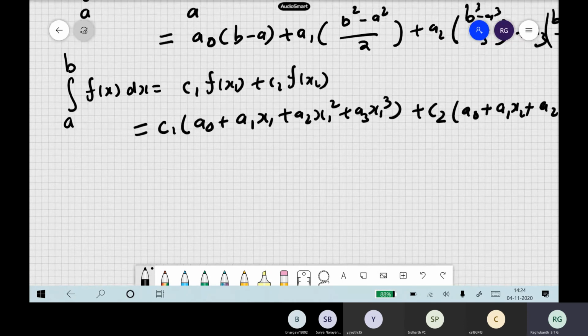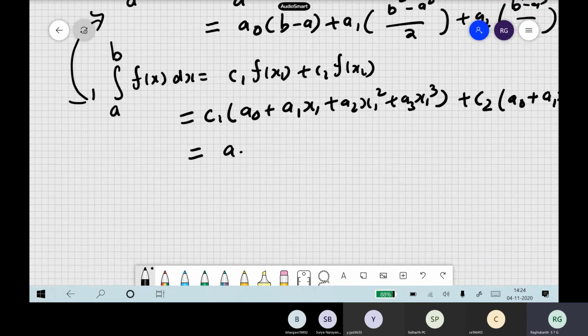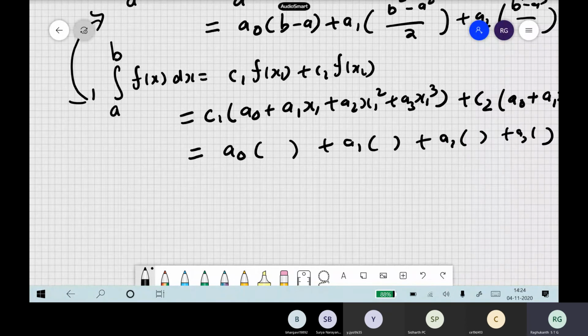Both of them should be exactly the same, so we equate this versus this. You equate the coefficients of a0, a1, a2 and a3.